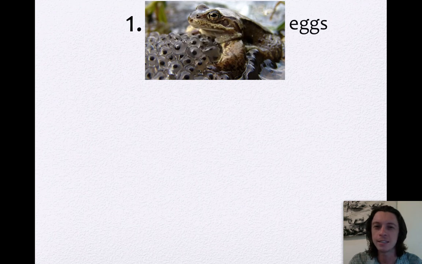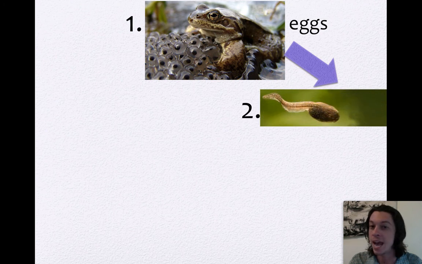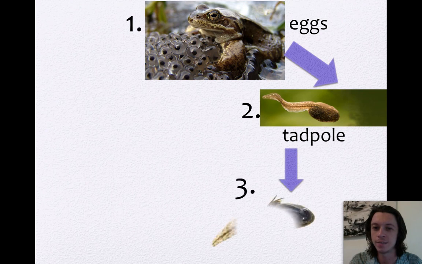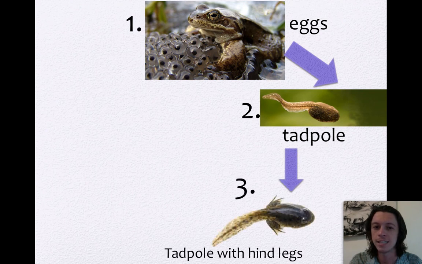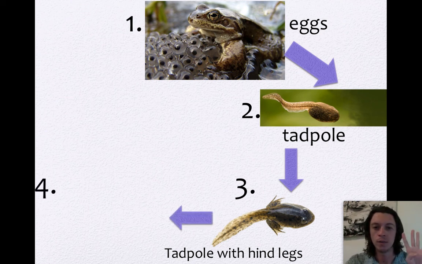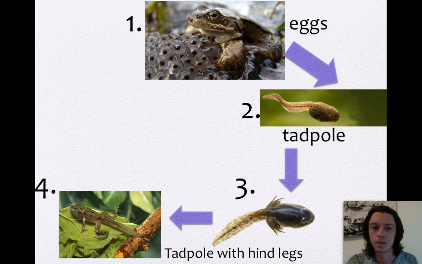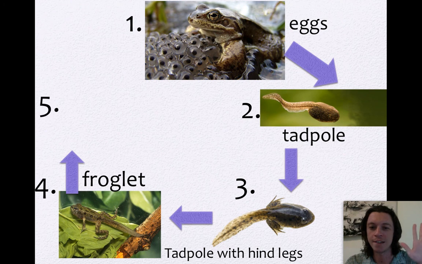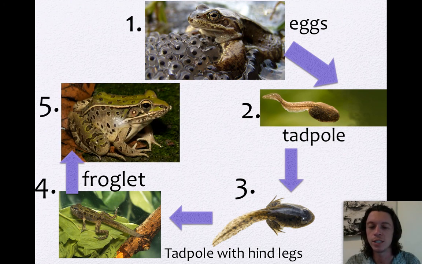So we start with 1, which is eggs, to 2, tadpole, down to 3, a tadpole with hind legs, 4, froglet, up to 5, which is adult frog.